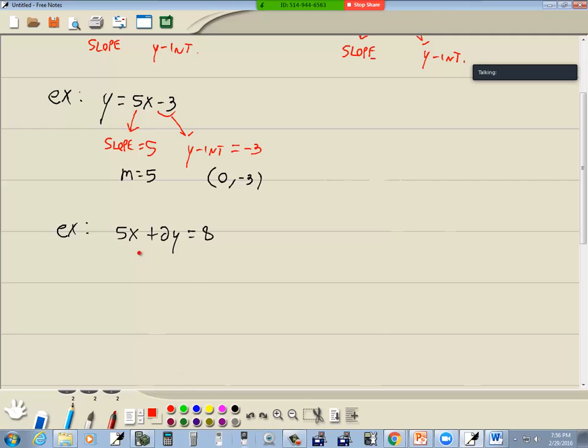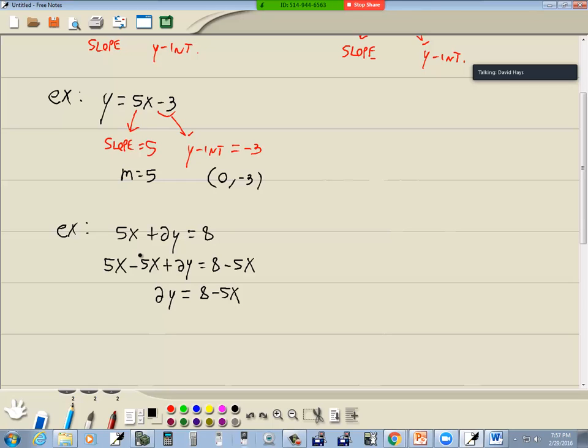In figuring out what to do, you always do the opposite operation. So I want to get y by itself, so I can subtract 5x from both sides. 5x minus 5x drops away. We have 2y equals 8 minus 5x.